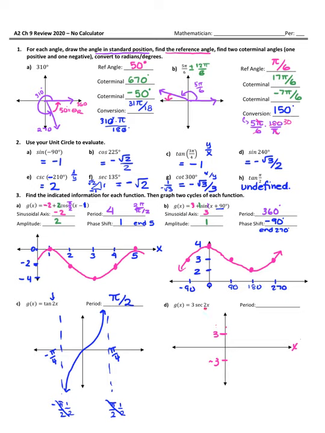But this 2 means that my new period is 2 pi divided by 2, which is a distance of pi. If you would rather do it as 180, I really don't care. They're both the same concept. So if you wanted to do that, now cosine, usually we start at 0, and now we're going to finish one cycle at pi, which means I'm going to put a negative pi back here just for the sake.